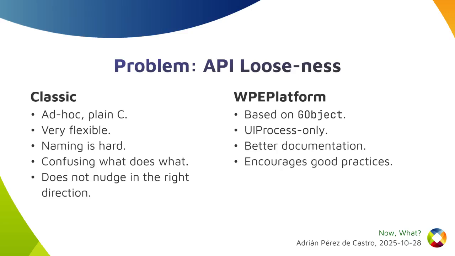So we wanted to avoid that kind of complication for the people who want to integrate WPE on their system, so they can focus on having an API that is only used from the UI process. They don't have to worry about IPC, they don't have to worry about buffer sharing, which can be complicated. So it's much easier to use, and we know that the complicated parts, like buffer handling and IPC, are done inside WebKit. We control that, so it's going to be easier for integrators to use, and in this way we encourage better practices.